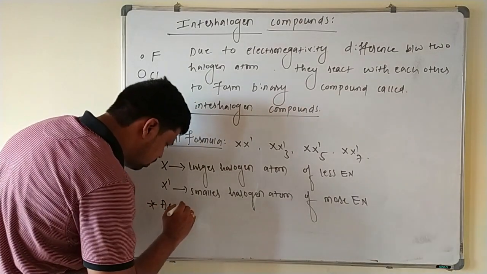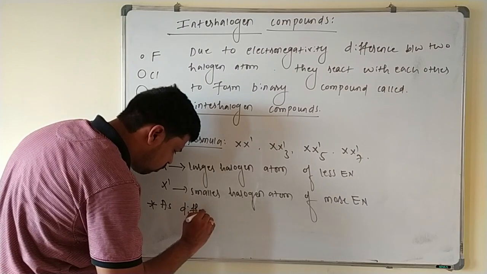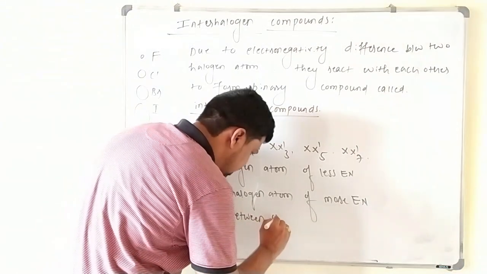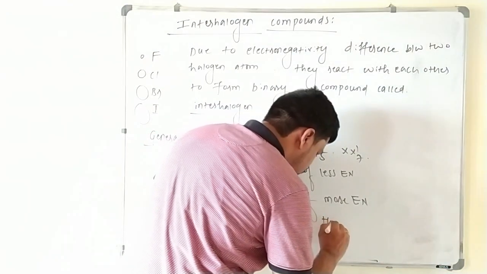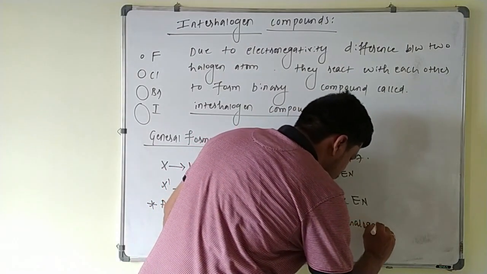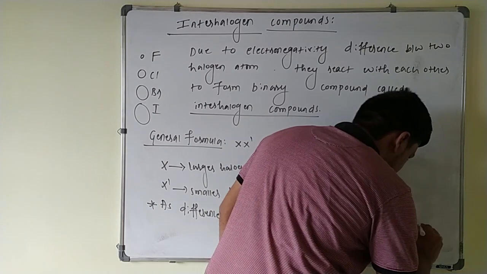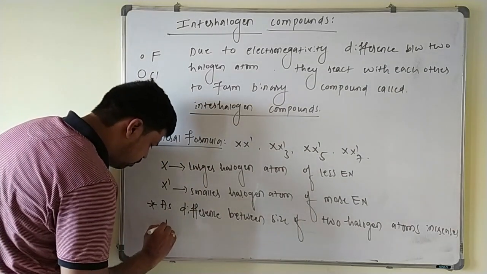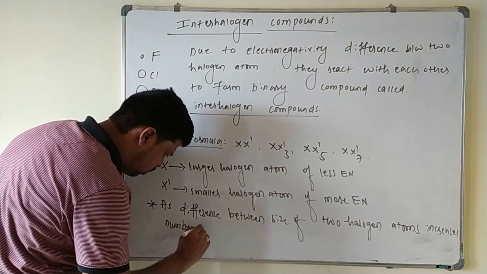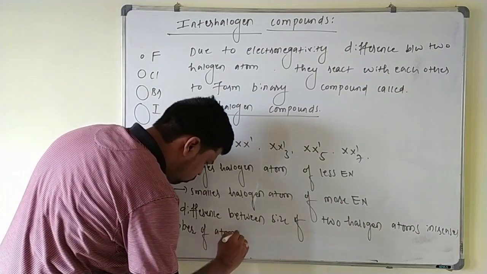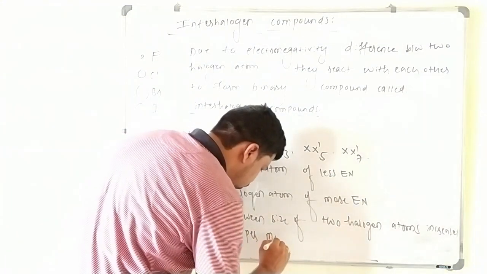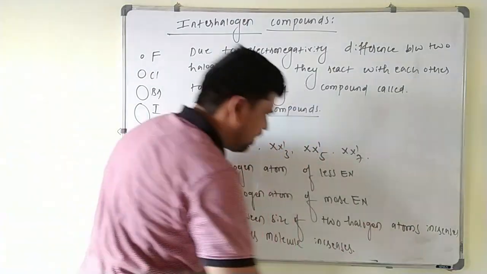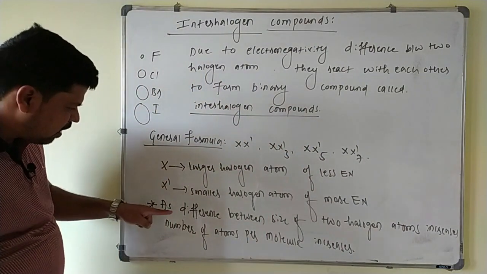Another important point: as the difference between the size of the two halogen atoms increases, the number of atoms per molecule increases.